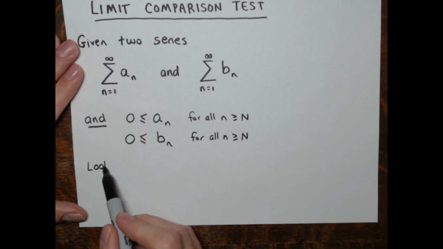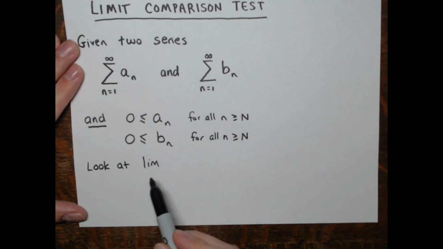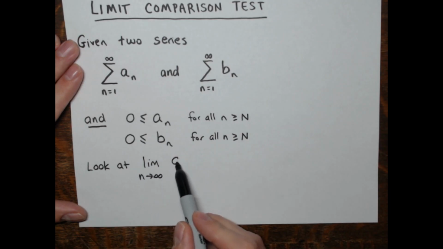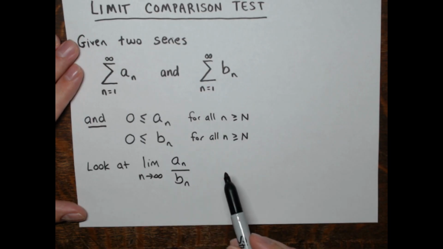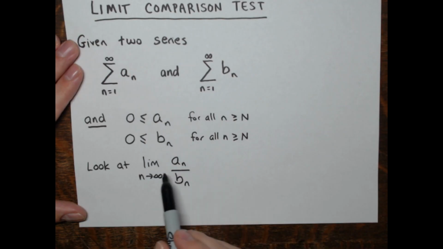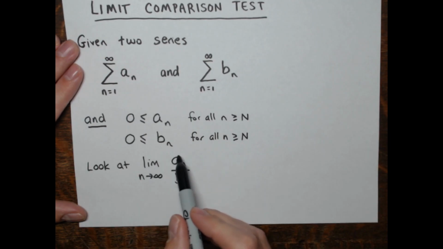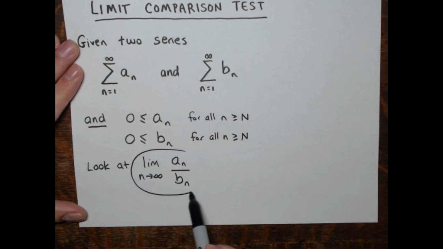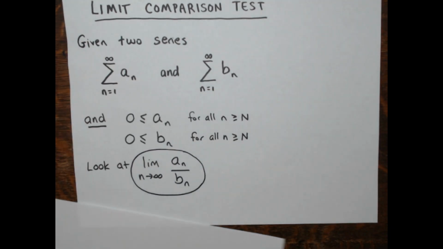Okay, so then we look at the limit as n goes to infinity of the ratios of these terms, a sub n over b sub n. Now, let's just take this to the next page. We'll look at three different cases.